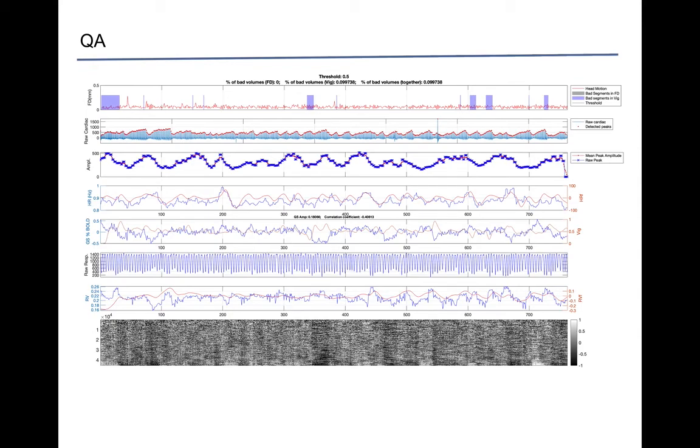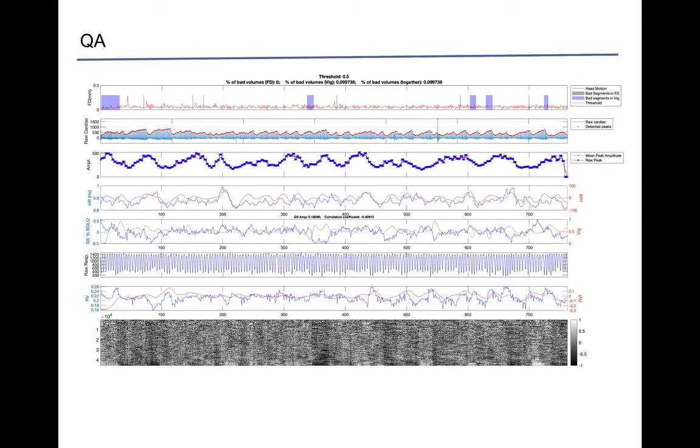For example, if subject number one had most of the bad time points towards the end of the scan, maybe one option is basically using the first chunk of your data, which is clean without motion. Whereas if subject number two has that 20% bad time points throughout the scan, that might be harder to deal with.